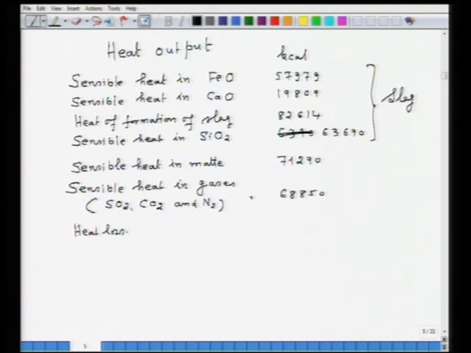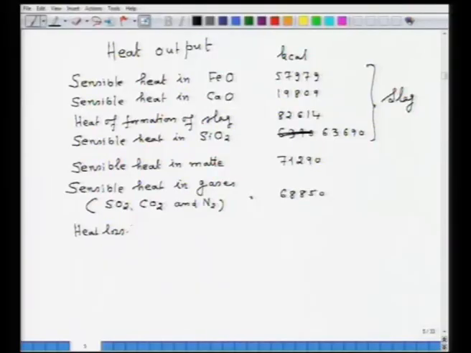Now, if not mentioned, in solving the problem normally people take 10% of the heat available, if not given. If it is given, then you have to take the actual. So, heat loss, let us say 10% of available heat, makes 71691 kilocalorie.